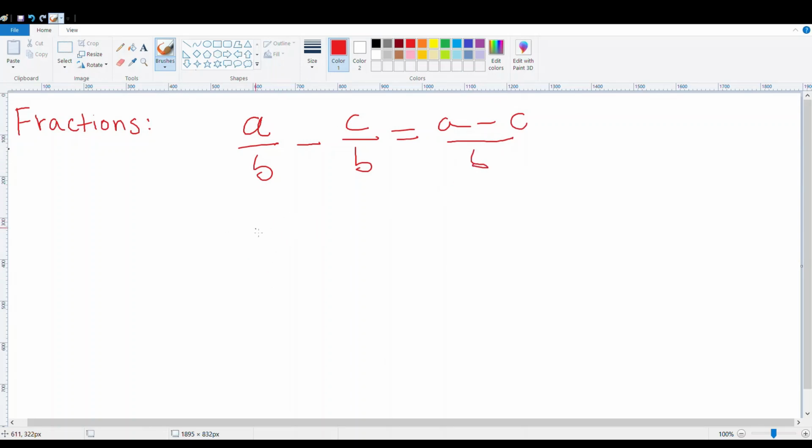With numbers, let's say I have the subtraction problem 5/8 minus 3/8, then I can simply subtract the top numbers, like this. 5 minus 3 is 2. I just leave the denominator like this. And that is the basics of addition and subtraction with fractions.